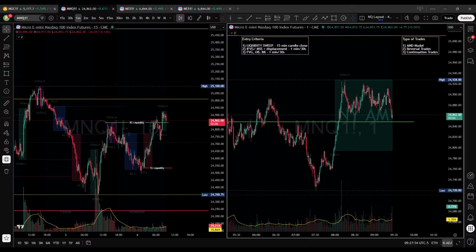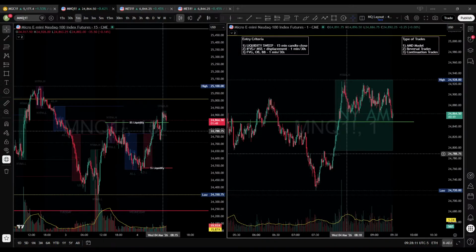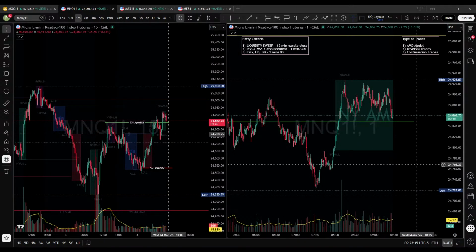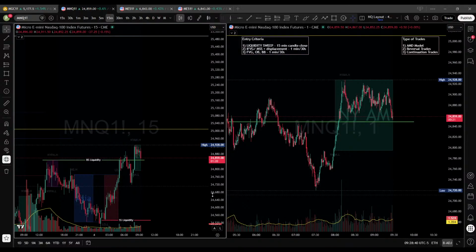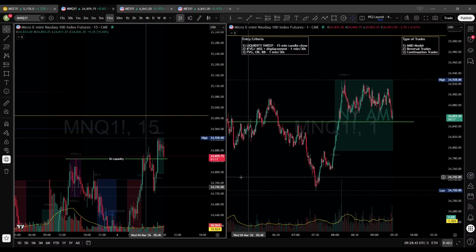Okay, let's get ready for the market open. Look at this 15-minute candle closing below this consolidation level.